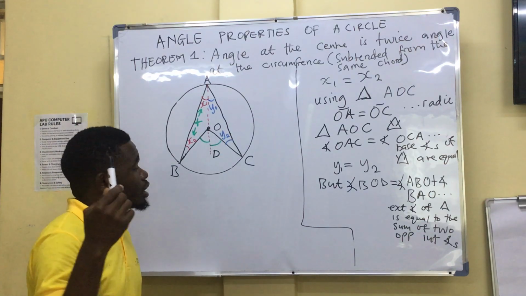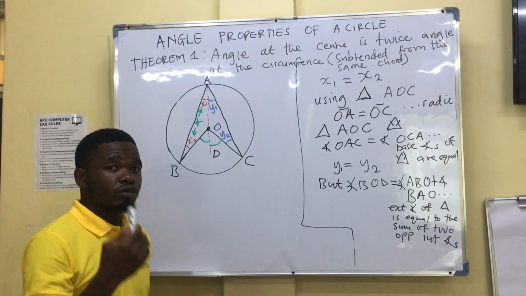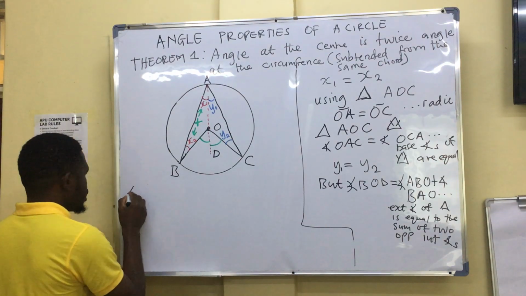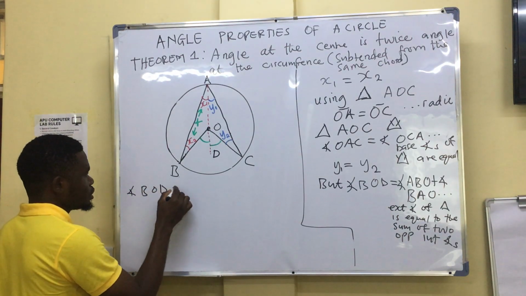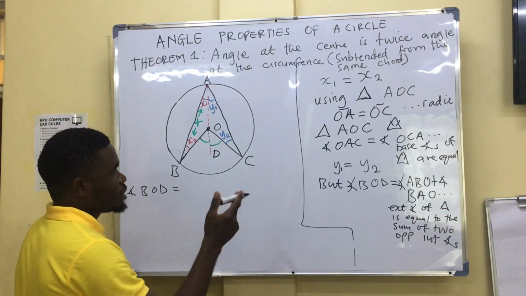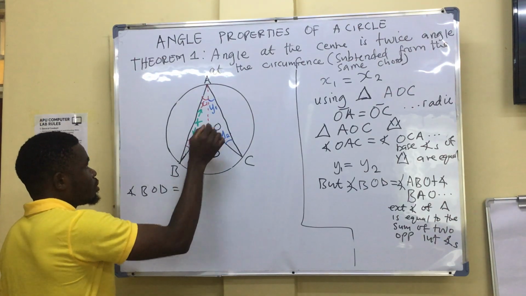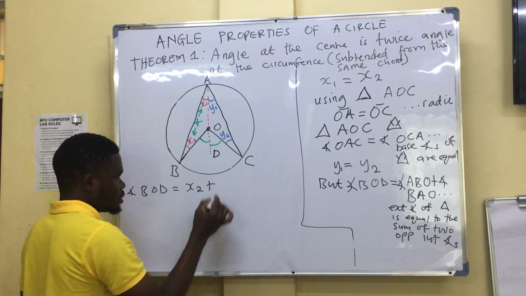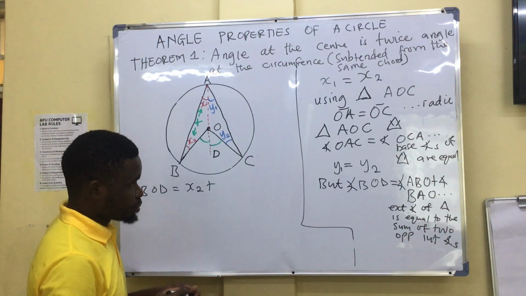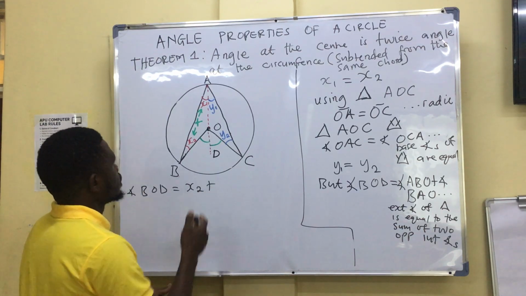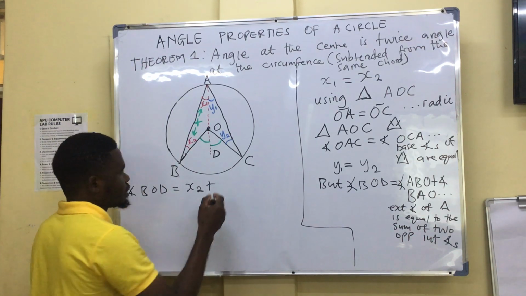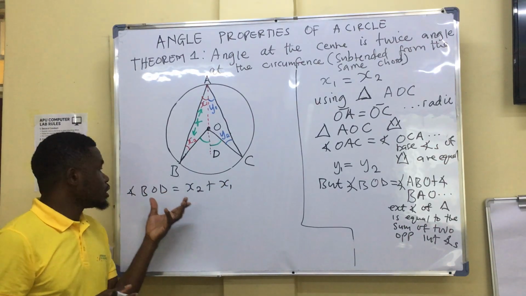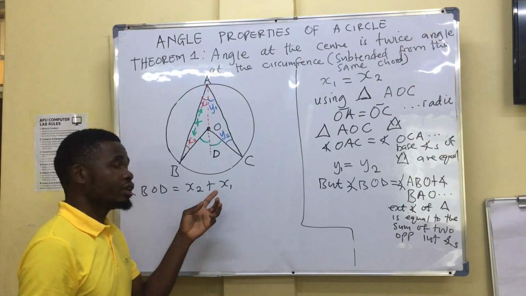Reason: exterior angle of a triangle is equal to the sum of two opposite interior angles. Meaning that angle BOD is equal to what? Angle ABO, which is x1, I mean x2, plus what? What's the value of angle BAO? It's x1. Meaning that angle BOD is equal to x2 plus x1.